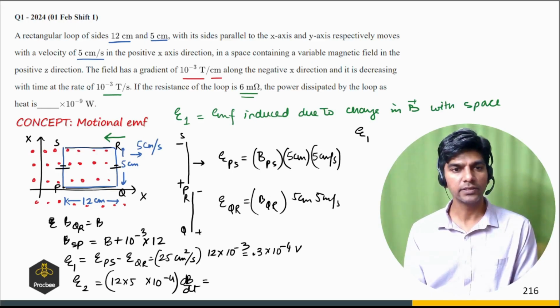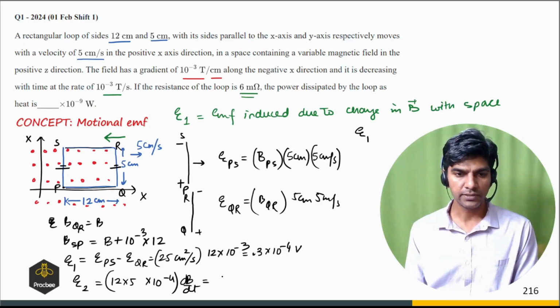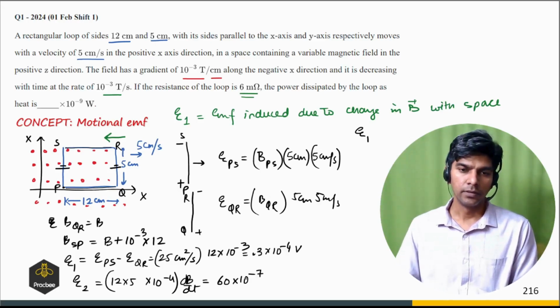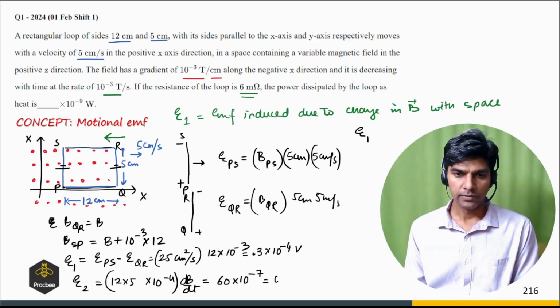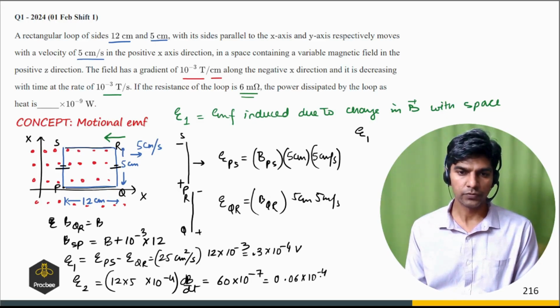So dB by dt is given as 10 raised to minus 3 Tesla per second. So it will be 60 times 10 raised to minus 7. So it comes out to be 0.06 into 10 raised to minus 4.